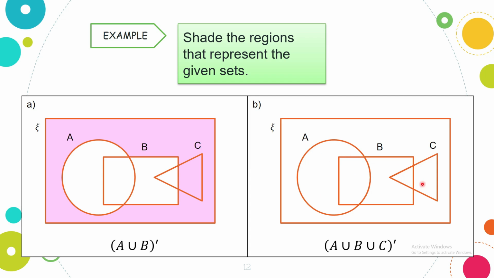But the question asks to find the complement of set A union set B union set C. The complement, the not elements in this A union B union C. So it must be at the outer part. We shade it like this. Okay, I hope you understand how to determine the union and the complement of the union.